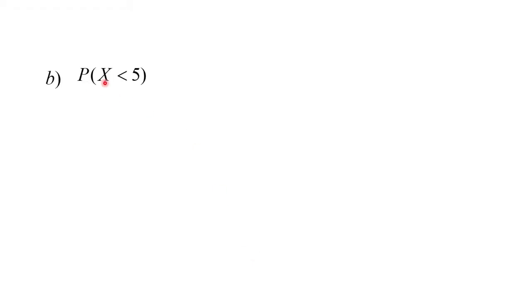Okay, what about B? Find the probability X less than 5, which is equivalent to probability X less than or equal 4, since 5 is not included.